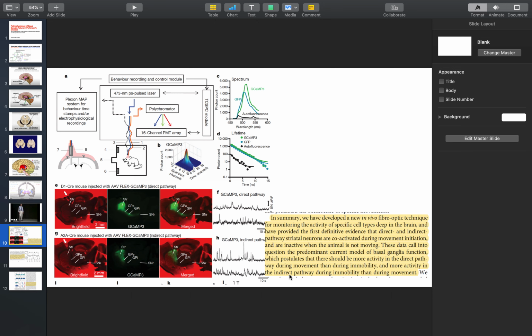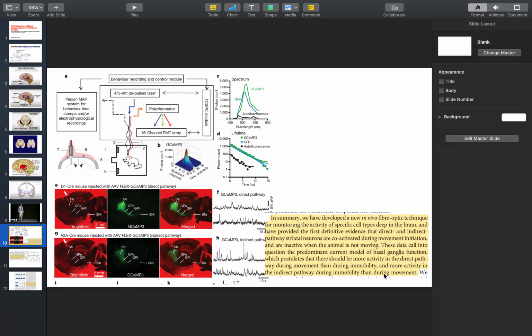But what we know now is that there is more activity in the indirect pathway during movement. It's just that it's unwanted movement, like tremors, like the Parkinsonian gait, how they have the pill rolling tremor.